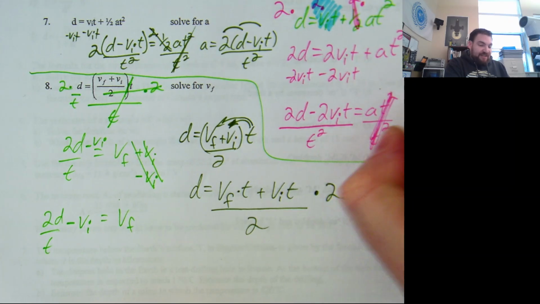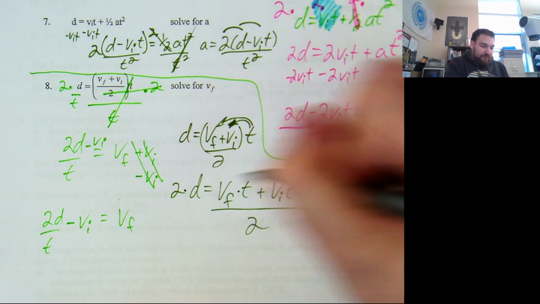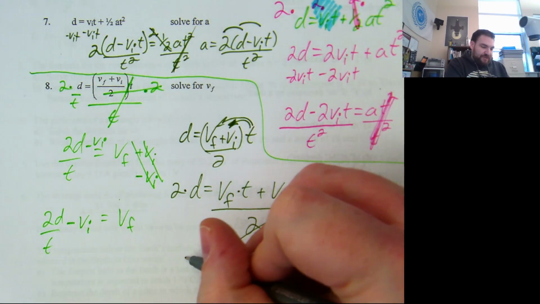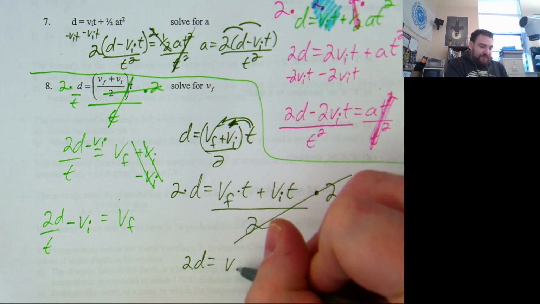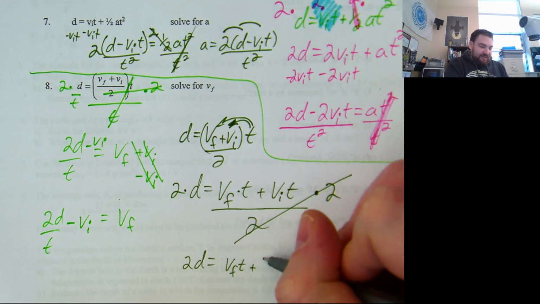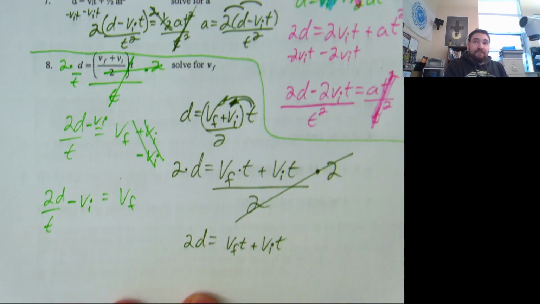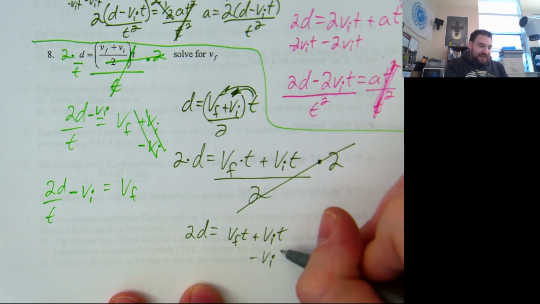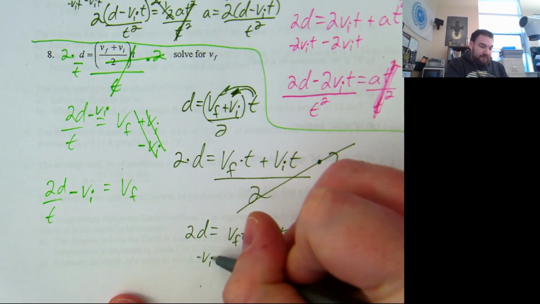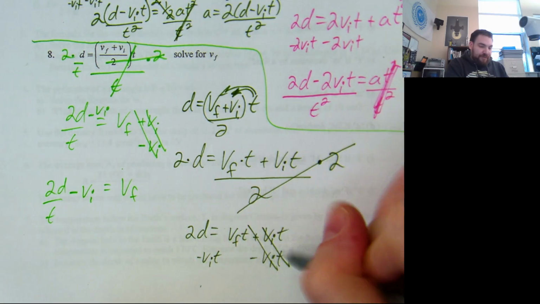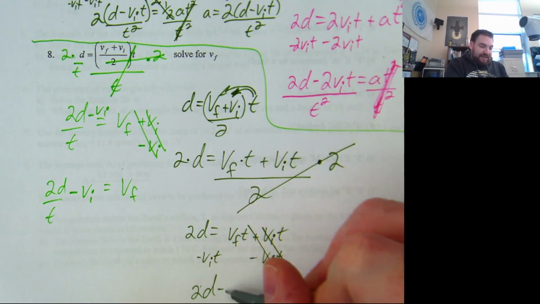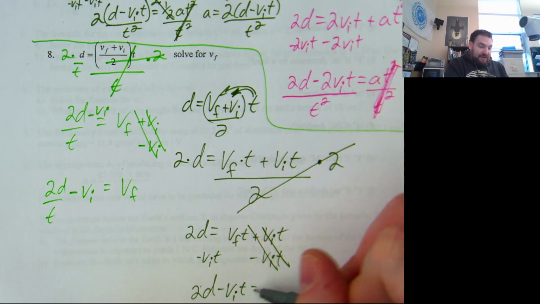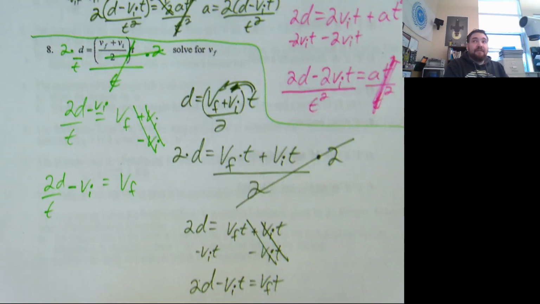Now the next step is going to be to multiply both sides by 2. So we're going to get 2d equals vft plus vit. We're going to subtract both sides by vit. We'll get 2d minus vit equals vft.